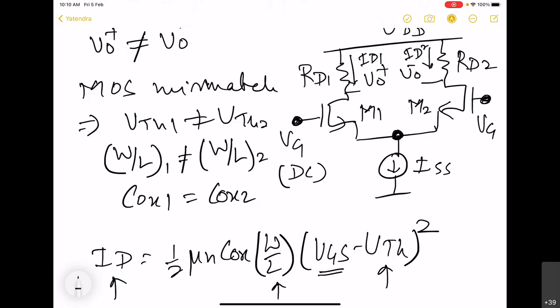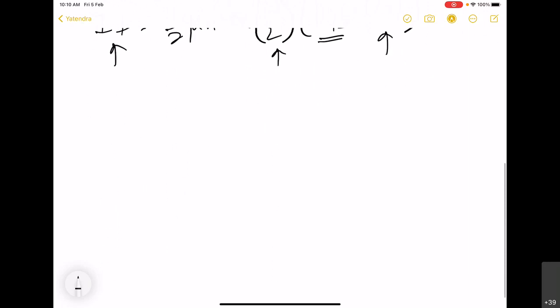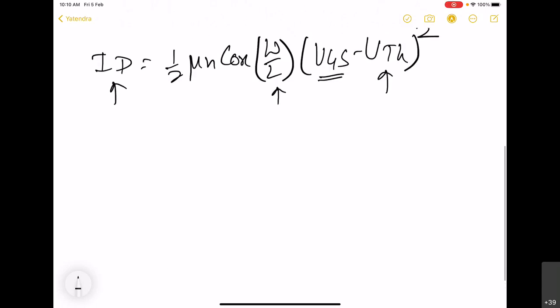So because of that, now we can calculate what will be the respective output DC voltages. So let me emphasize that this analysis of input offset voltage is for the DC quantity. In today's discussion, there will be no time varying quantities involved. So because of this ID, we know that VO plus DC will be produced, which will be equal to VDD minus RD1 ID1.